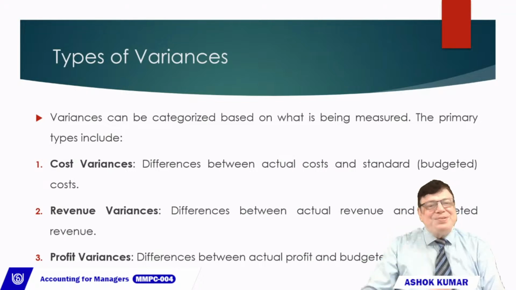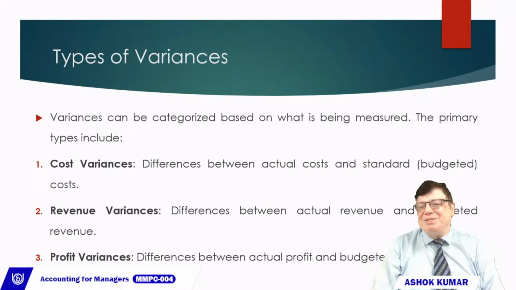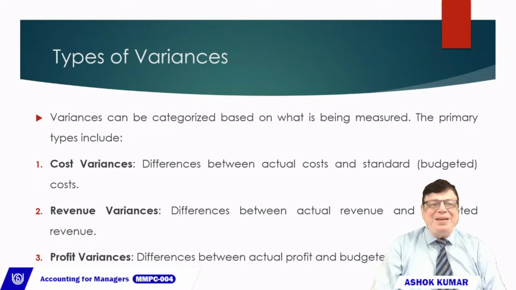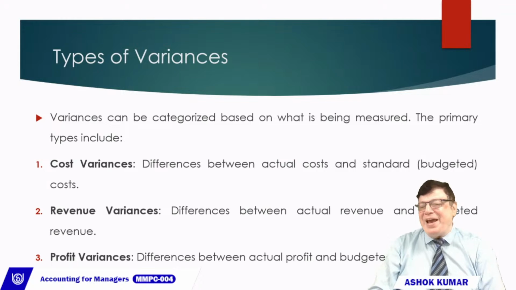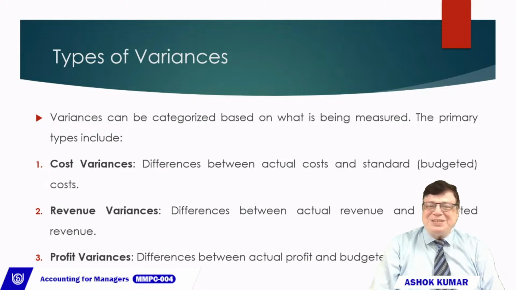Variances can be categorized based on what is being measured. The primary types include cost variances, the difference between actual cost and budgeted cost. What was the budgeted cost and what is the actual cost? Why is this difference there?